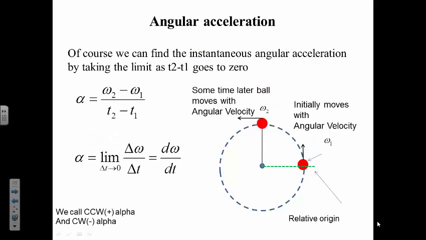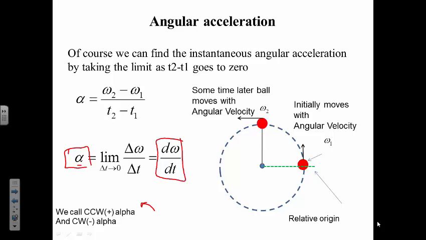Now, just like velocity had an average and then an instantaneous, alpha is the same way. If the time interval between measuring your omegas gets very tiny, then you get down to your instantaneous alpha, and you have this rate. The rate of change is the derivative of that line at the point. And of course, if alpha is positive, that means your system is increasing speed counterclockwise.